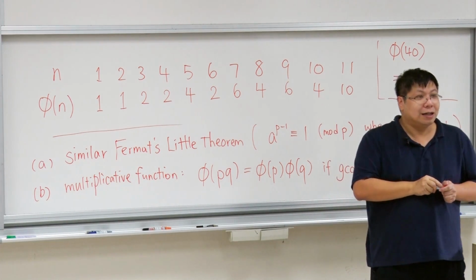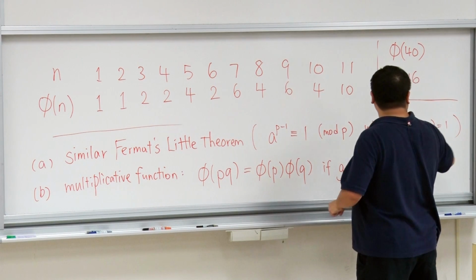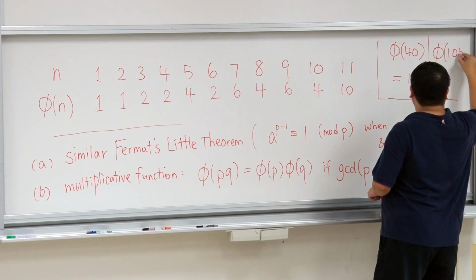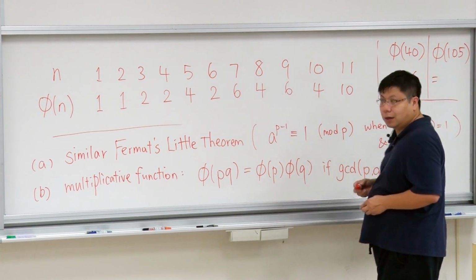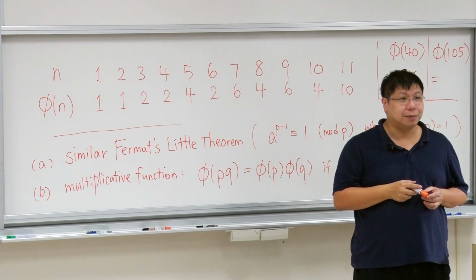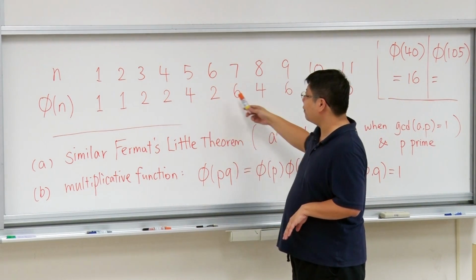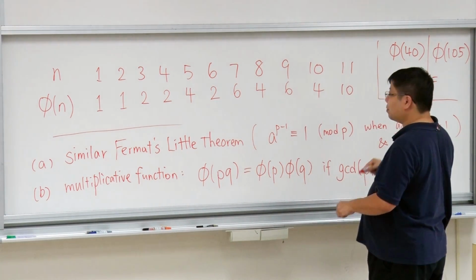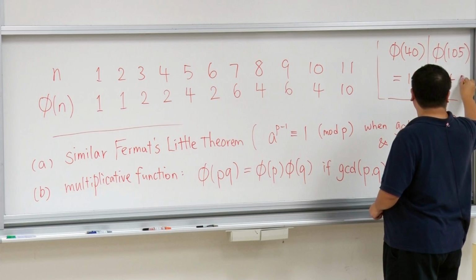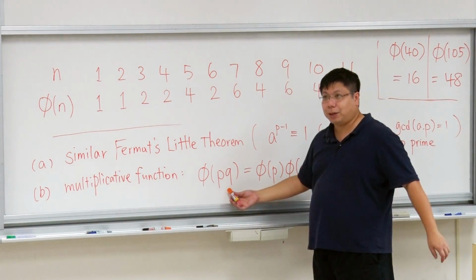And similarly, I can also talk about what is phi of 105. 105 turns out that it is equal to 3 times 5 times 7, right? Look at 3, look at 5, look at 7. So I know that it is going to be 48, because I'm applying this twice.